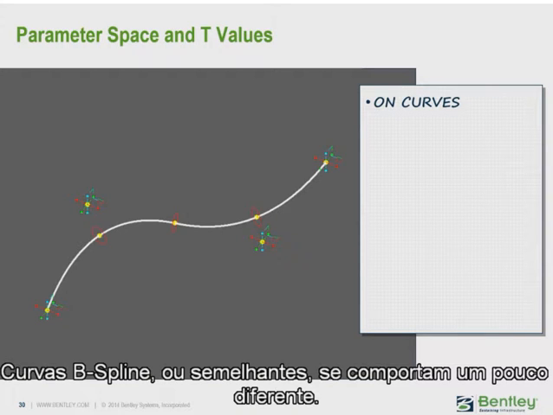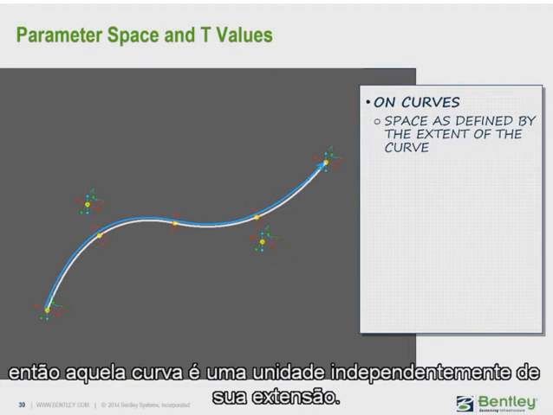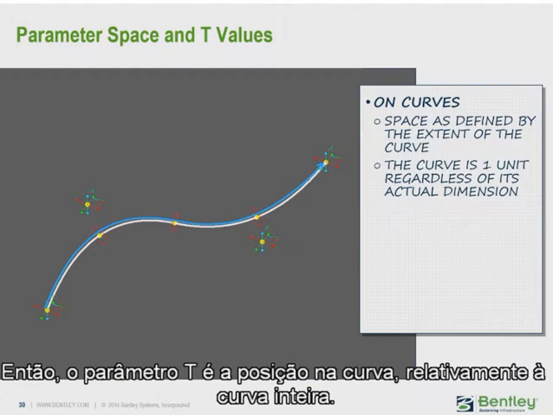B-spline curves are similar, but do behave a little differently. If we define the space of a curve as the extent of the curve, so that the curve is one unit, regardless of its actual dimension, then the t-value is a position on the curve relative to the entire curve.